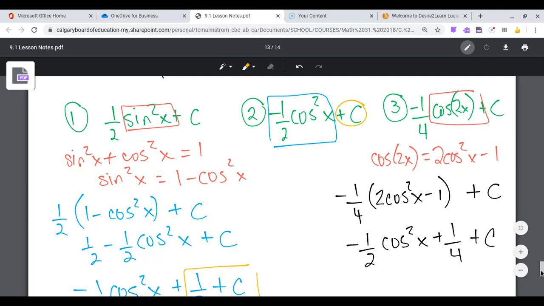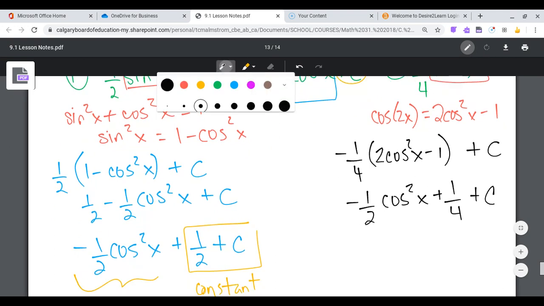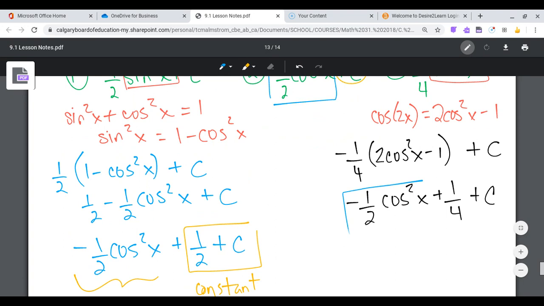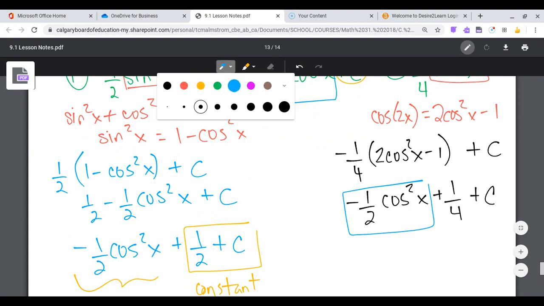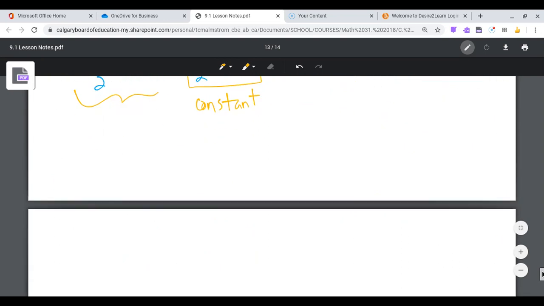And again, we see we've got our match on the negative 1/2 cos squared x. That matches. And then I've got some constant on the end. So in fact, we managed to find an answer in all 3 methods that is the same. And remember that we are just finding a family of functions.